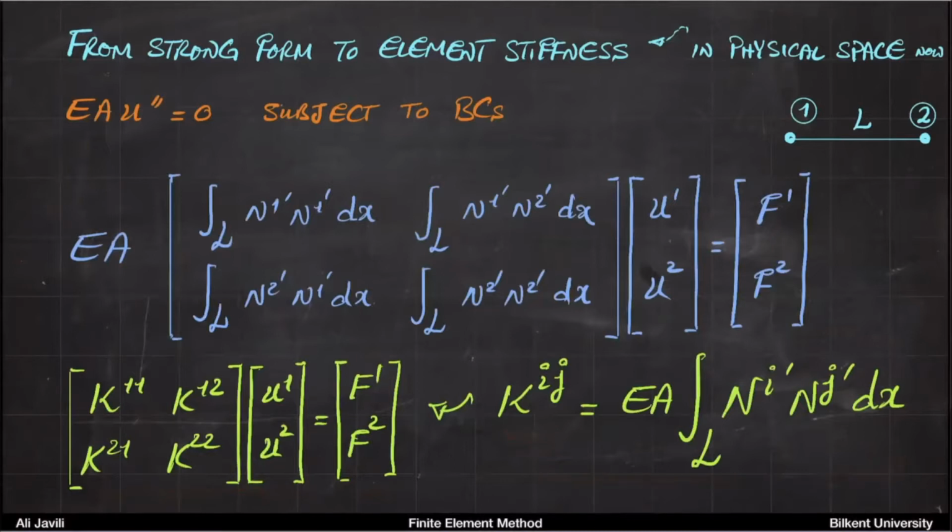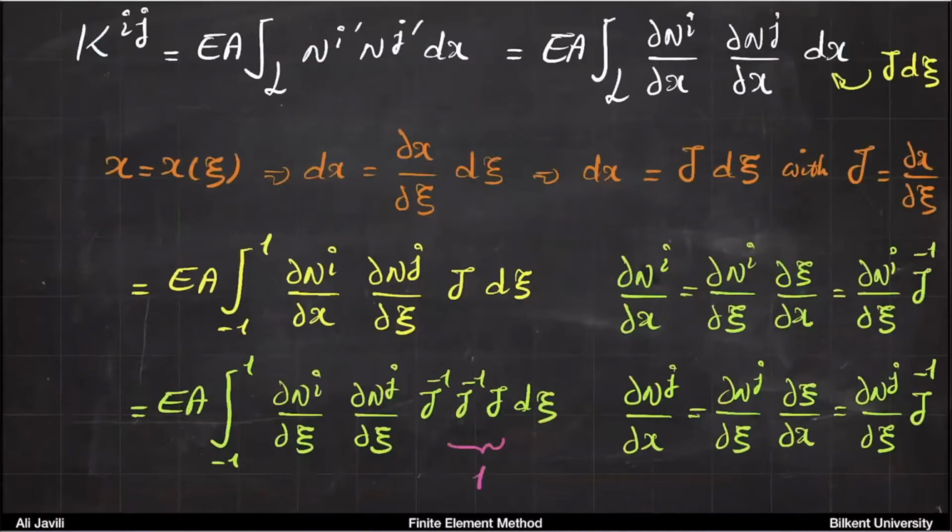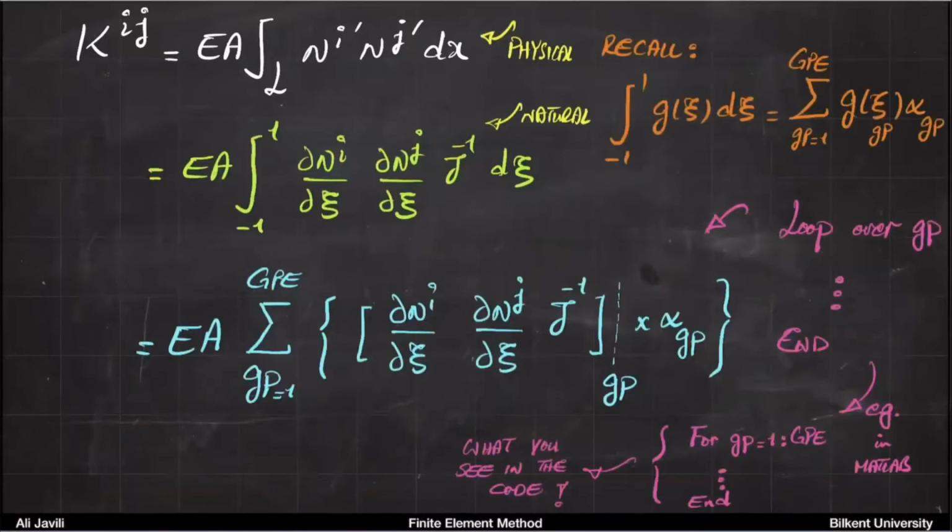And the last thing we had to do was to transform these from physical space into natural coordinates to integrate them numerically. That was the last thing we did. And once you do that, we are done. So basically, this slide is sort of everything. You deal with some sort of a stiffness matrix, and each component of that is calculated like this.